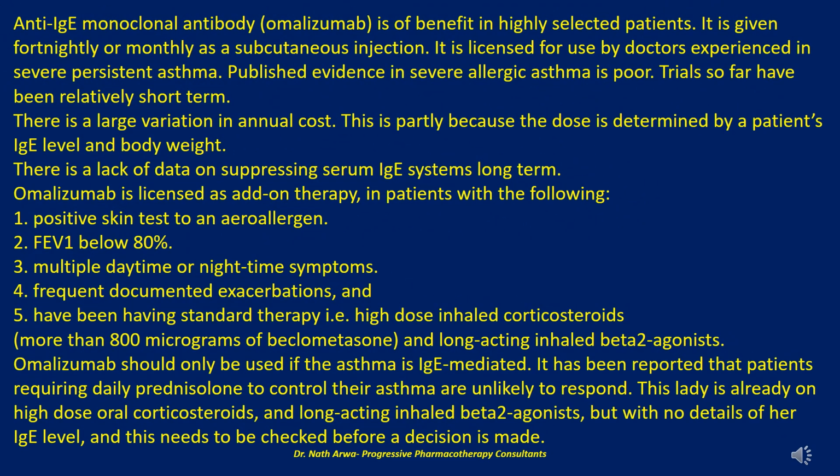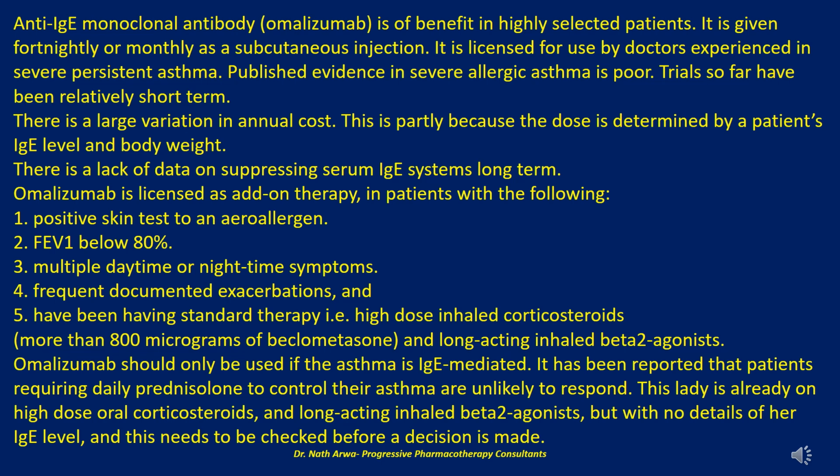Anti-IgE monoclonal antibody, i.e. omalizumab, is of benefit in highly selected patients. It is given fortnightly or monthly as a subcutaneous injection. It is licensed for use by doctors experienced in severe persistent asthma.